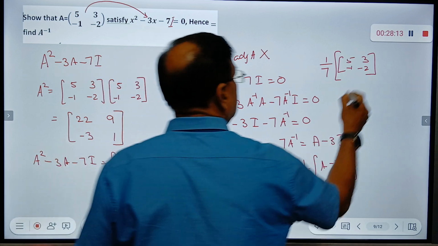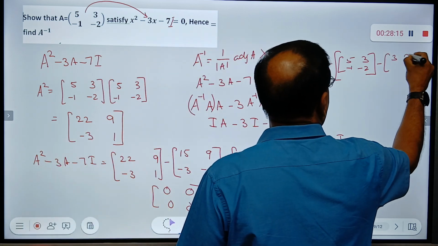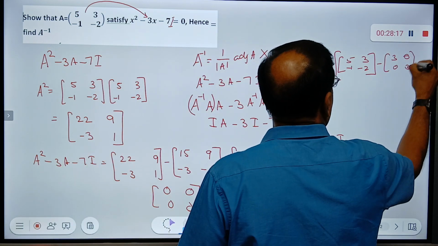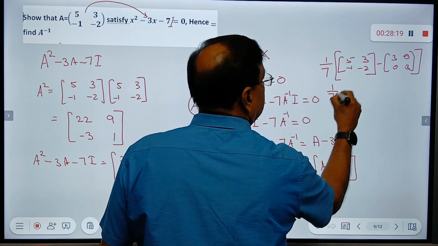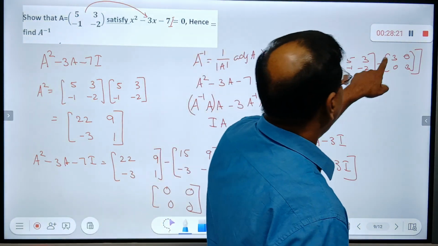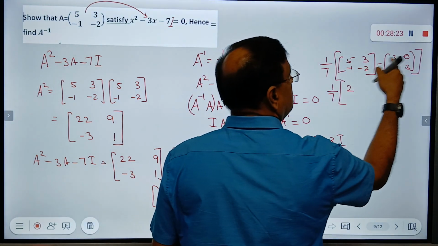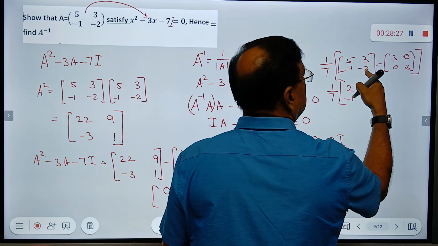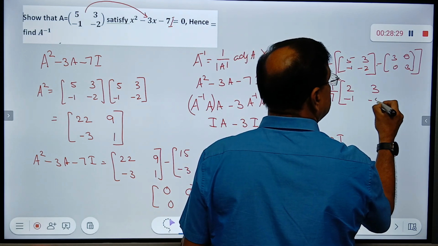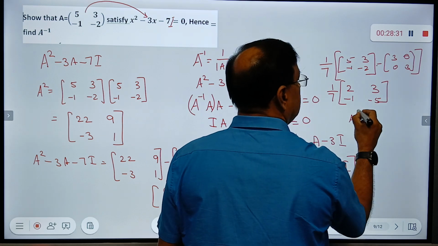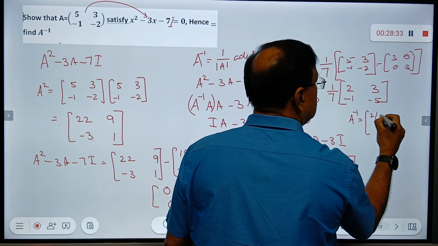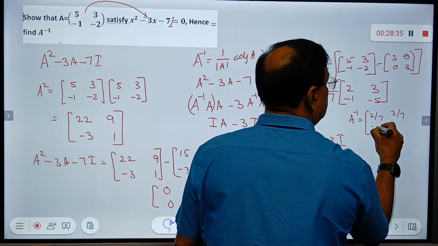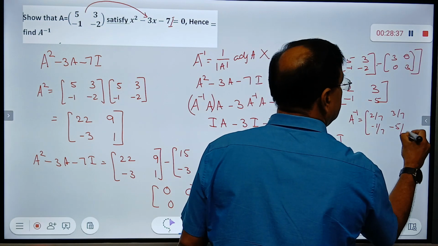And what is my 3I? 3, 0, 0, 3. So this is 1 by 7 into, what do you get? 5 minus 3 is 2. 3 minus 0 is 3. Minus 1 minus 0 is minus 1. Minus 2 minus of minus 3 is minus 5. So your A inverse is 2 by 7, 3 by 7, minus 1 by 7, minus 5 by 7.